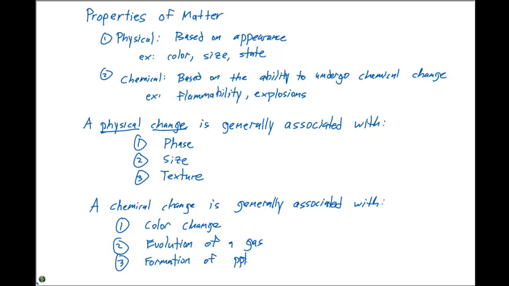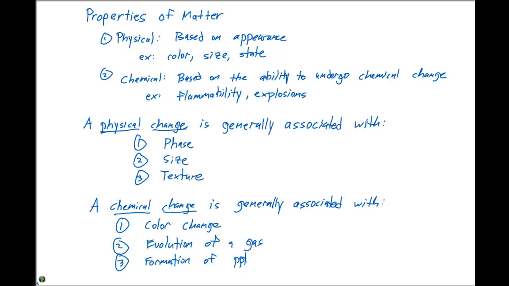In each of these changes, a new substance is formed, and as a consequence, these particular changes are irreversible. When we take a piece of paper and we burn it, it's really hard to go back from the ashes that are resulting from that chemical change back to the piece of paper.